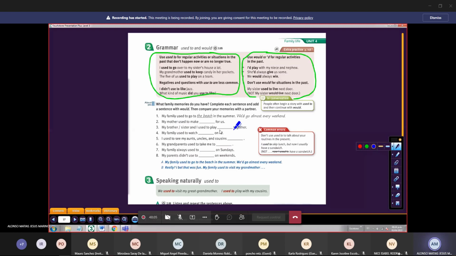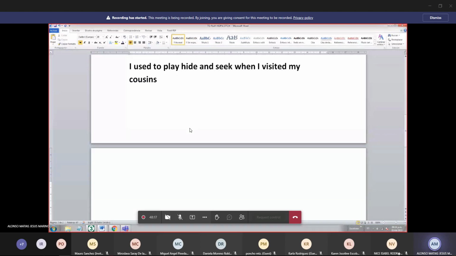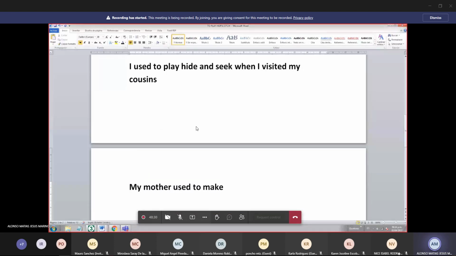Now, for number two, I could write down, allow me, my mother used to make, I'm going to do it on my own Word. In my case, my mother used to make a cake for us.